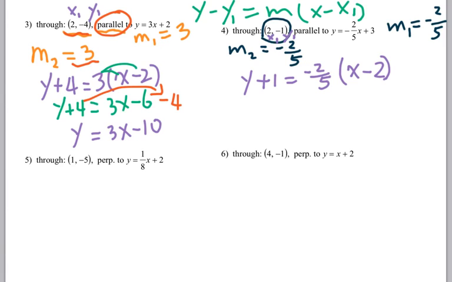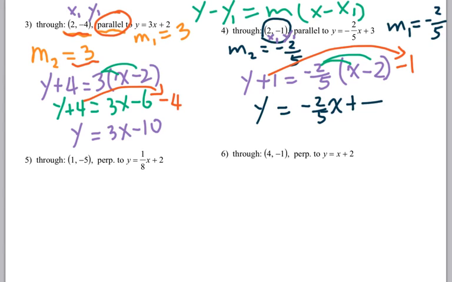So we do the distributive property. And then I subtract 1 here, because this one just moves. So I will get y equals negative 2 over 5x. Negative times negative will be positive, so plus.